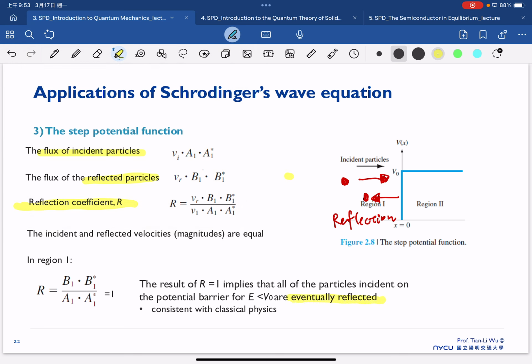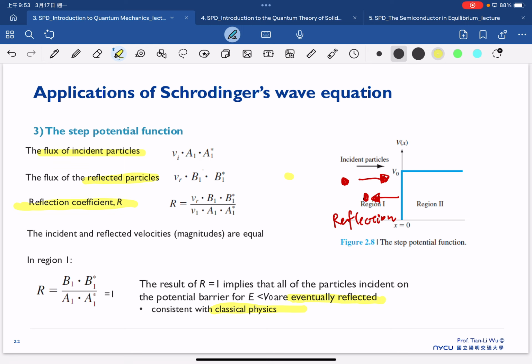So in these cases with a step potential, once our energy is smaller than the barrier, for example, if you try to inject 5 electrons to the right, you will get all 5 electrons reflected. This is very consistent with our classical physics, right? You throw 5 balls at the wall, and you get 5 balls rebounding from the wall.